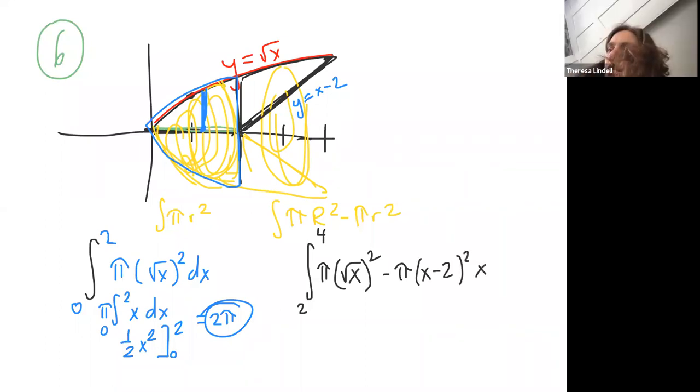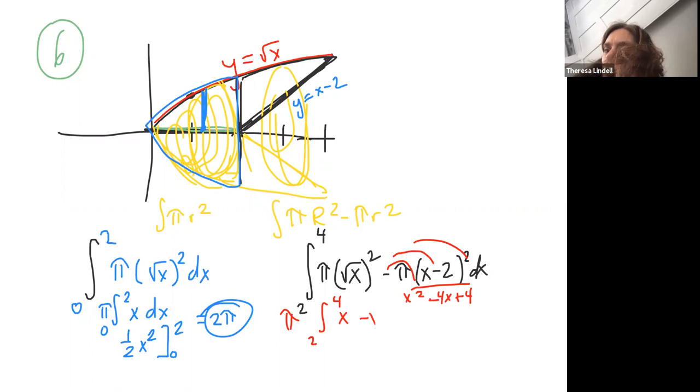And this is where nint is just more nice, I think, because you pull the pi out. You're going from 0 to 4, and then root x squared is x, but you got to FOIL this. So that's x squared minus 4x plus 4. And then you got to distribute the negative to everything. So it'd be negative x squared plus 4x minus 4. And then you could combine these.